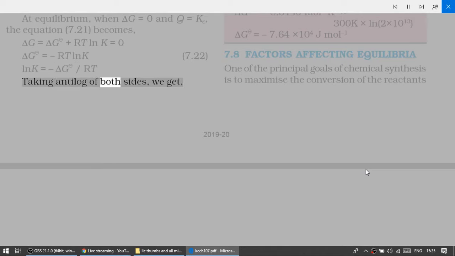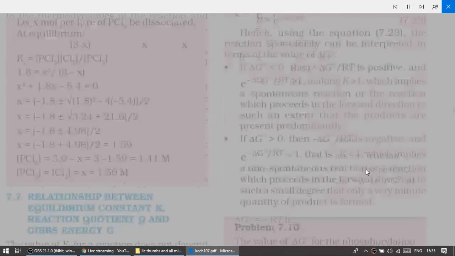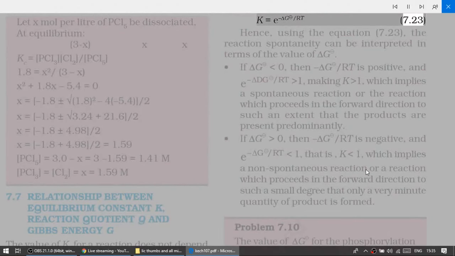Taking antilog of both sides, we get K is equal to e to the power minus ΔG° by RT (7.23). Hence, using equation 7.23, the reaction spontaneity can be interpreted in terms of the value of ΔG°. If ΔG° is less than 0, then minus ΔG° by RT is positive, and e to the power is greater than 1, making K greater than 1, which implies a spontaneous reaction, or a reaction which proceeds in the forward direction to such an extent that the products are present predominantly.